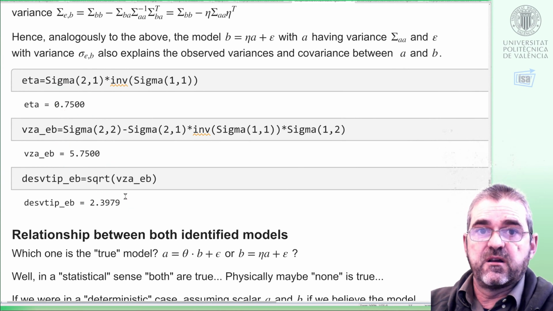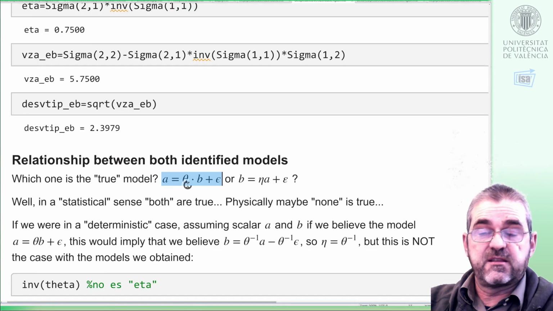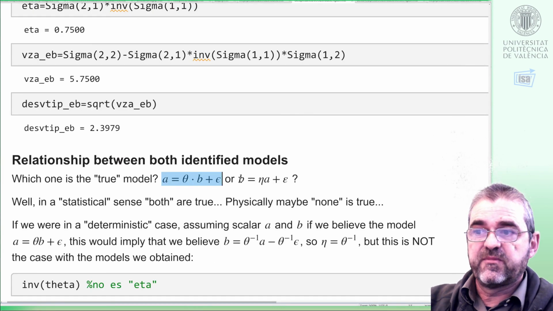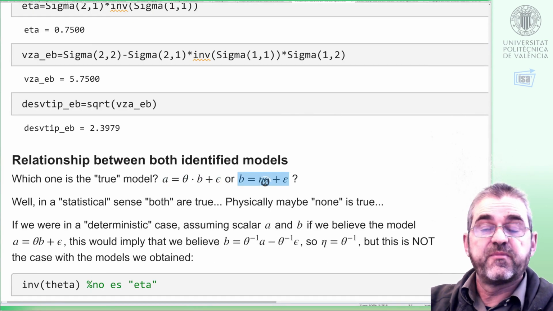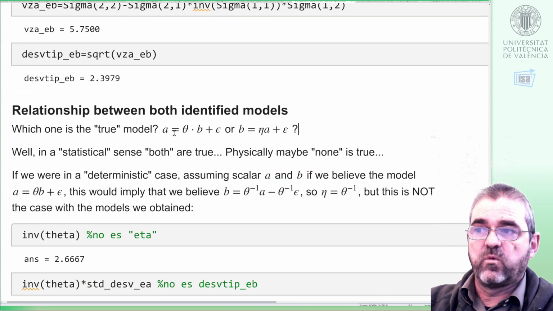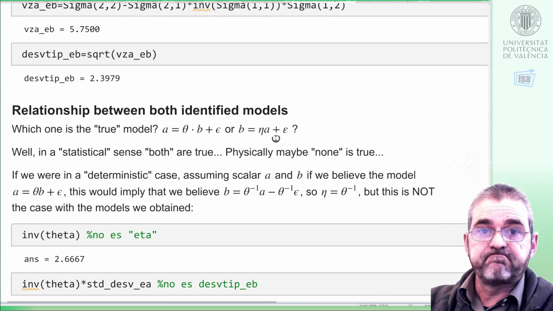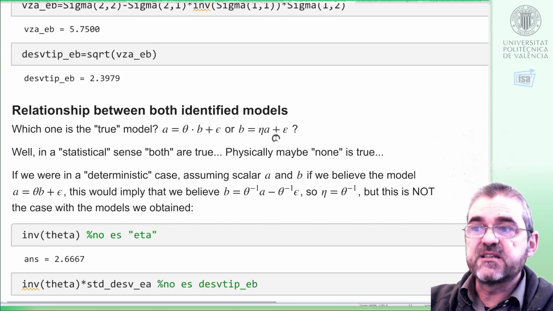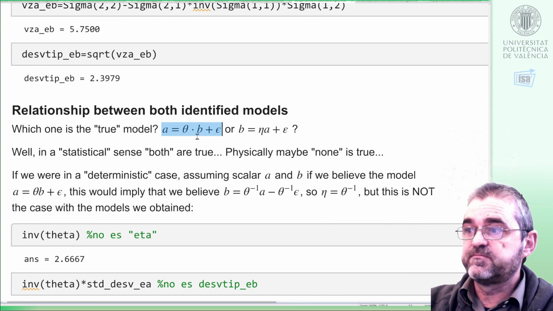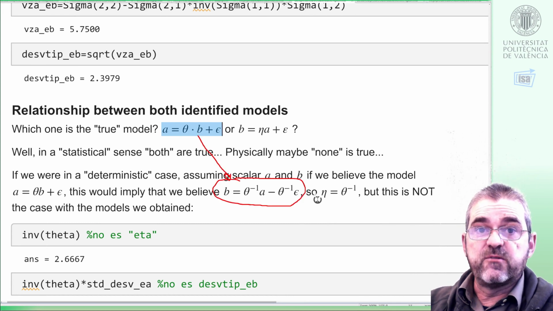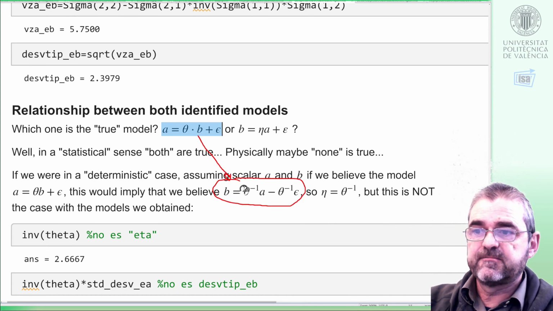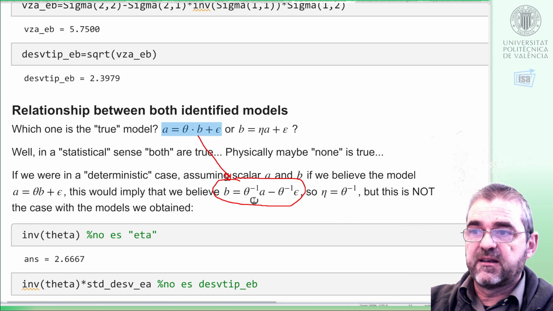So now we can think, okay, if I have a model that predicts A from B and I have a model that predicts B from A, well, which one is true? If we were in a deterministic case, if I have this model, I would be able to algebraically obtain B like this.